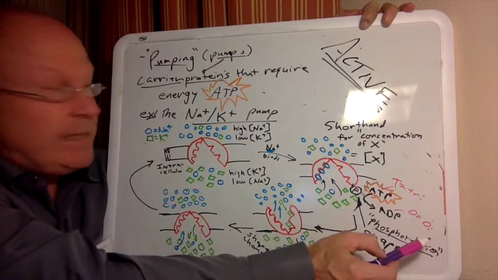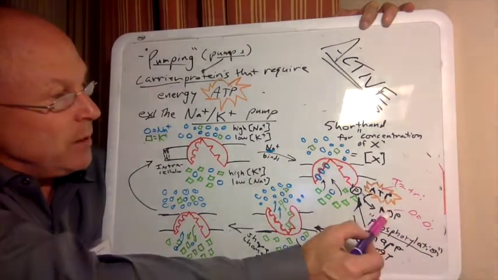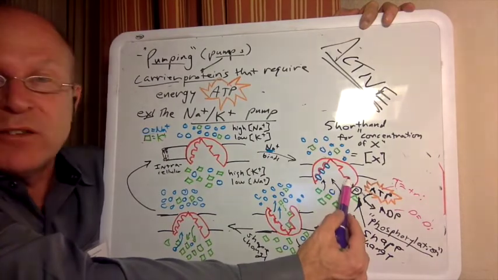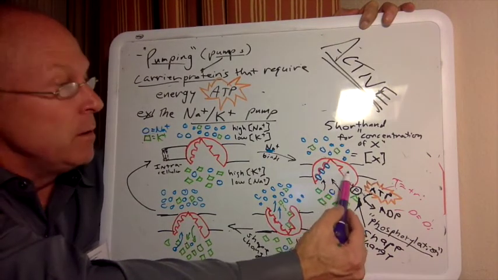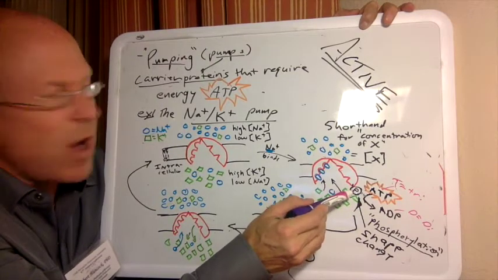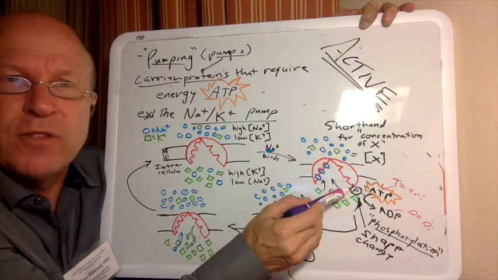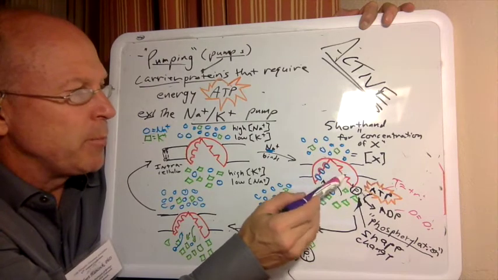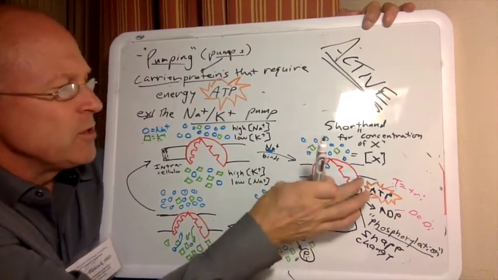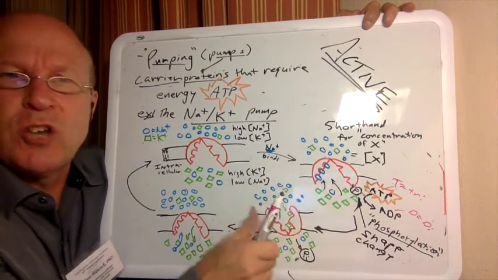So when the ATP loses a phosphate, it gives this phosphate to this massive transmembrane protein, this carrier protein. It sticks it, it phosphorylates it. It binds physically to the big protein. And it's such a hot potato that the charge interactions cause this whole thing to just change its shape.